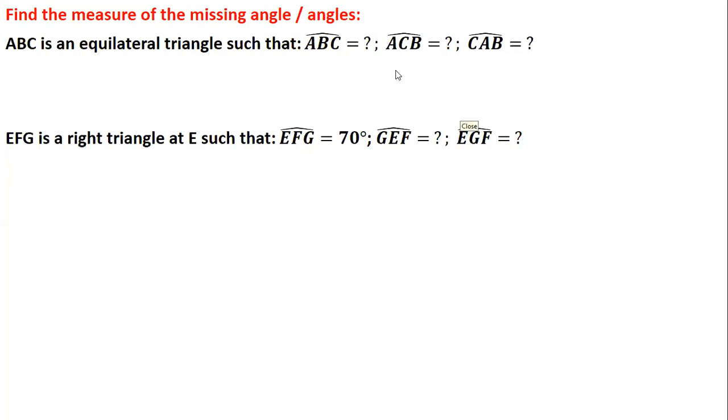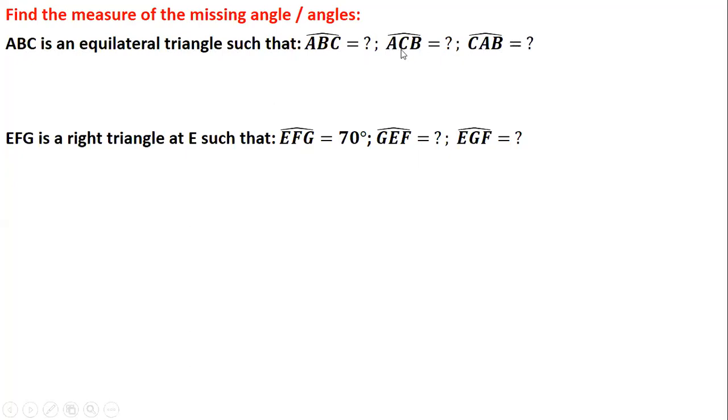So I want to ask you, Ali, here we should find the measure of the missing angle or angles. I gave you triangle ABC is an equilateral triangle such that angle ABC is missing, angle ACB is missing, angle CAB is missing. As you can see, Ali, the three angles are missing.